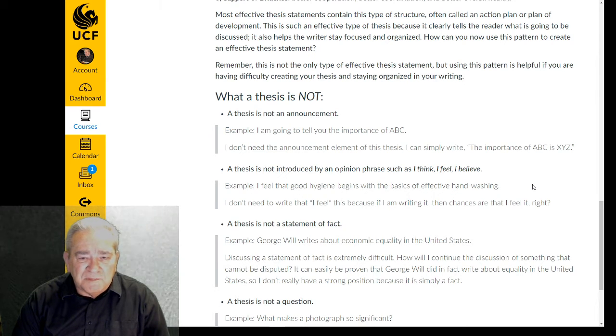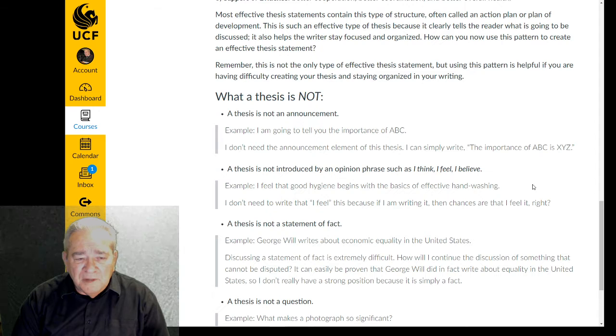Notice this one. A thesis is not introduced by an opinion phrase such as I think, I feel, or I believe. Now, we did see in some of the material that we talked about that there is an opinion by some writing professors that there is a time to use the phrases I think, I feel, and I believe when you're trying to show some pathos and emotion in your writing.